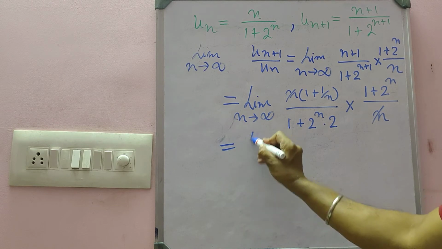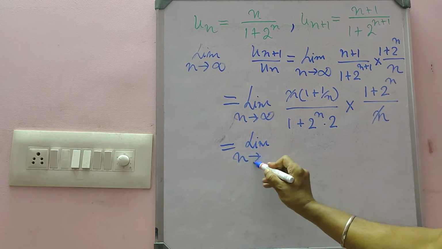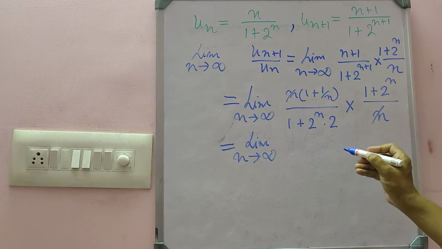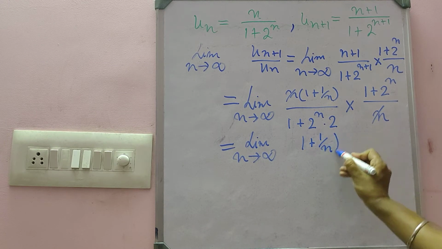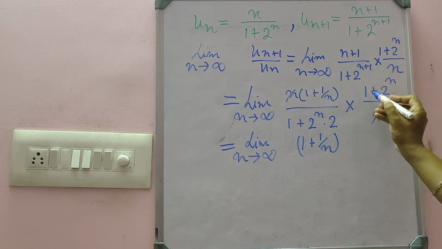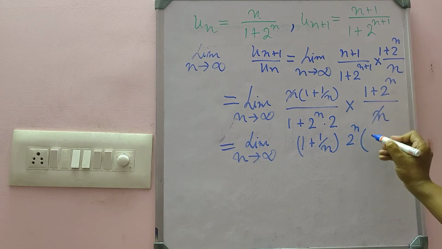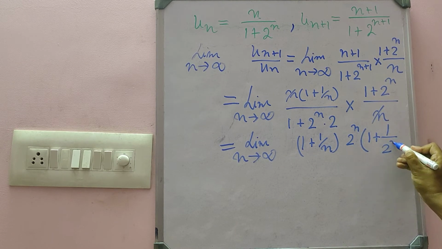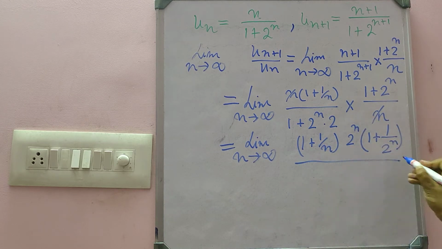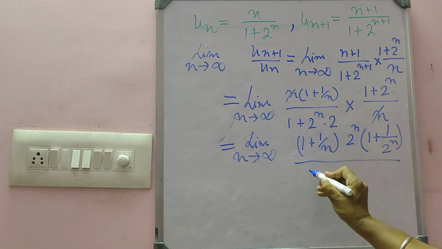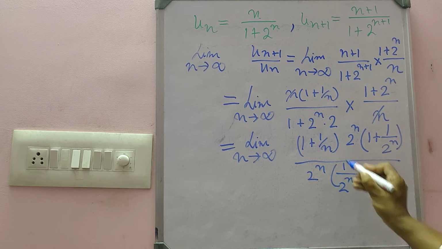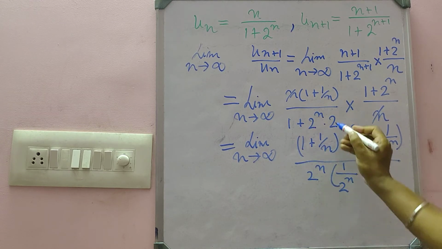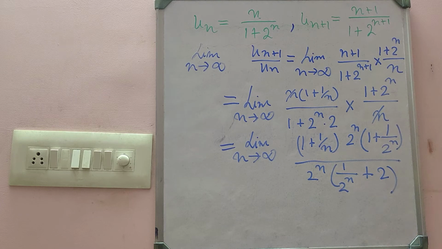In the next step, 2 power n we can take common. So it is already 1 plus 1 by n here, and taking 2 power n common, it becomes 1 plus 1 by 2 power n. Upon here also taking 2 power n common, the bracket becomes 1 by 2 power n plus 2. After that, this 2 power n will be cancelled out.